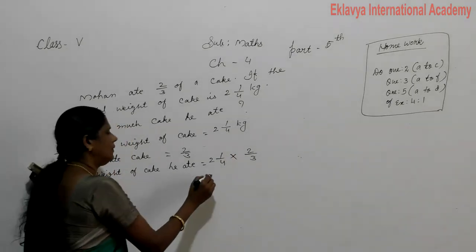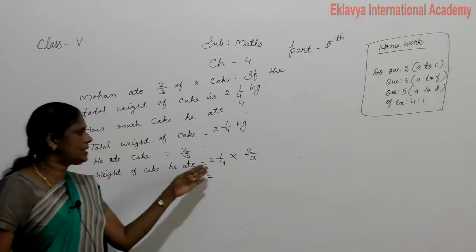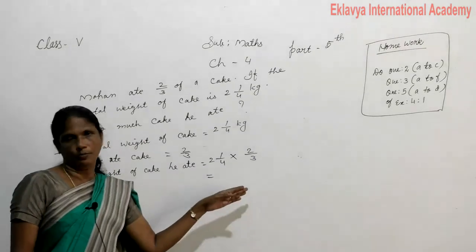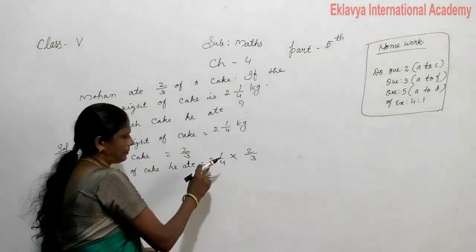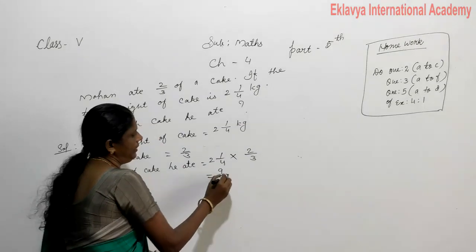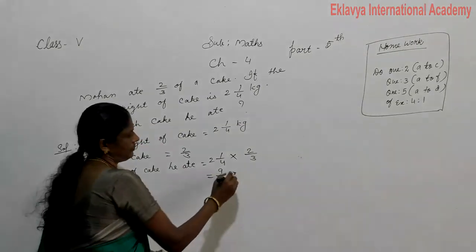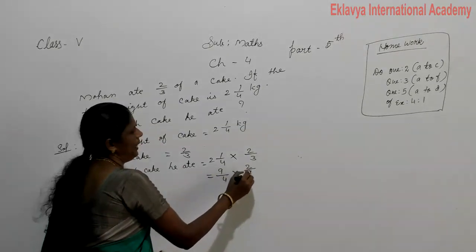First you convert mixed into improper: 9/4 multiply 2/3.